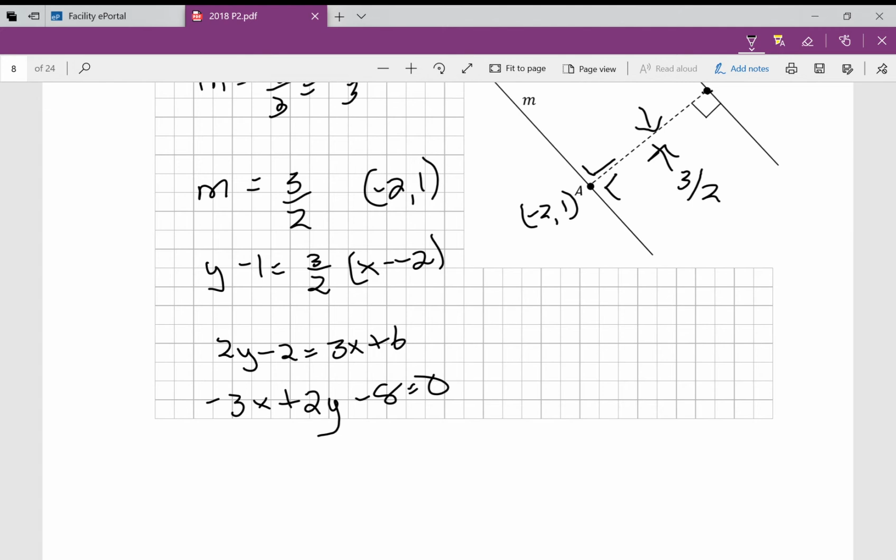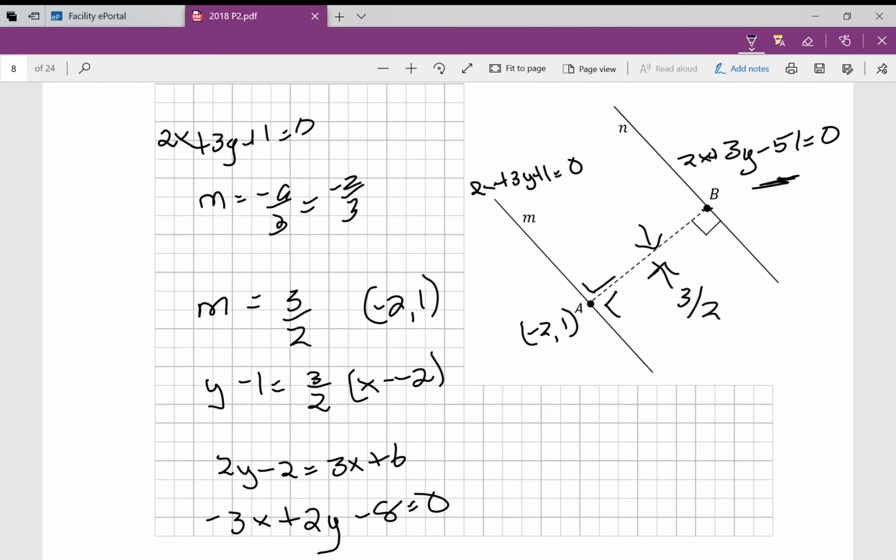Then do simultaneous equations with 2x plus 3y minus 51 equals 0, and the other one is minus 3x plus 2y minus 8 equals 0.